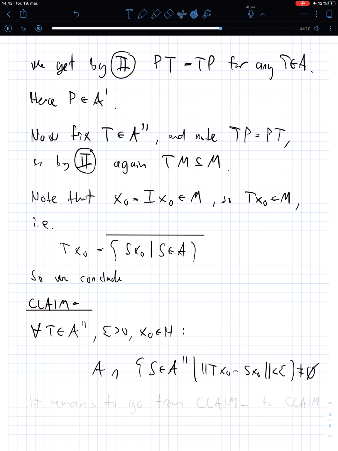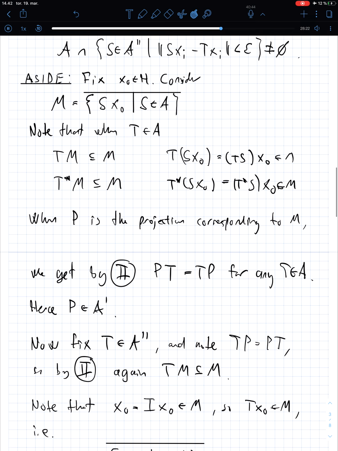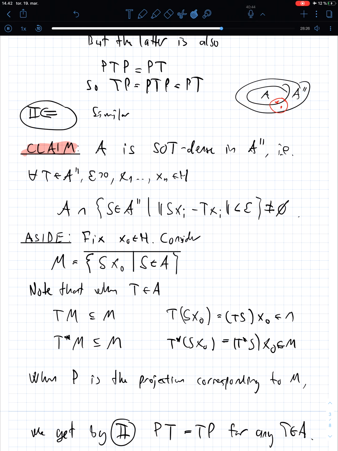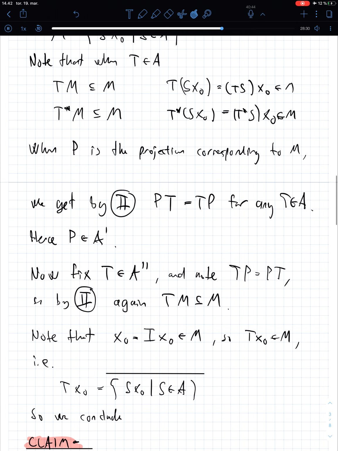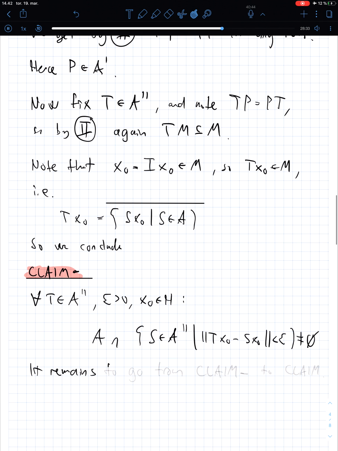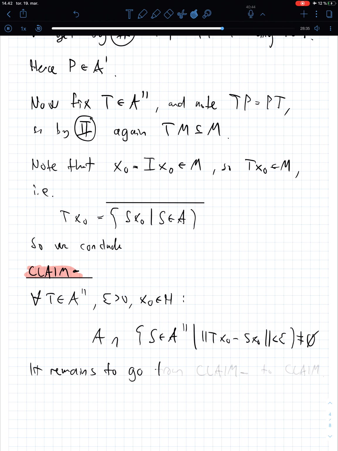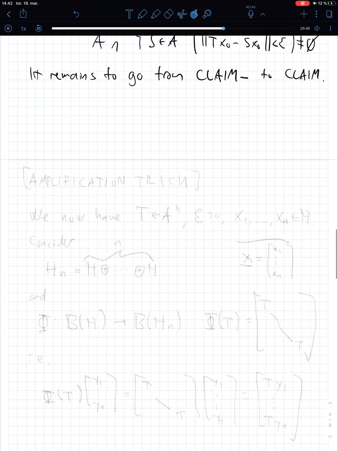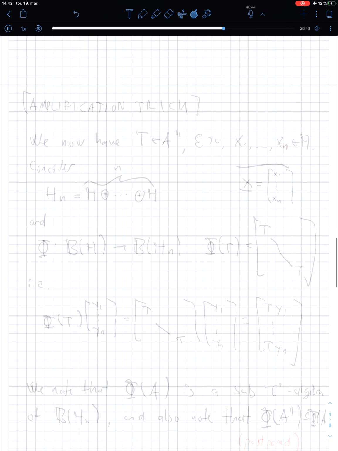So to do this, let me just put some colors on this. So this is my claim, and this is my other claim. So it remains to go from claim minus to claim, and we will do this using a technique which is usually called amplification.